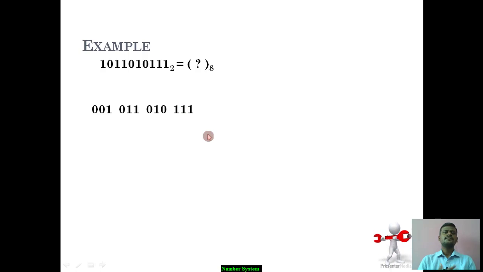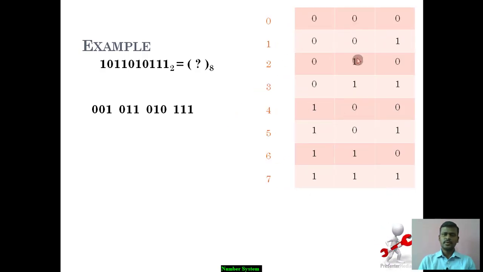Now, if you remember the table we created in the previous session, that is the octal table. If you remember how we created this table, from this table we will try to search these group numbers. First we will take the first group value, that is 111.